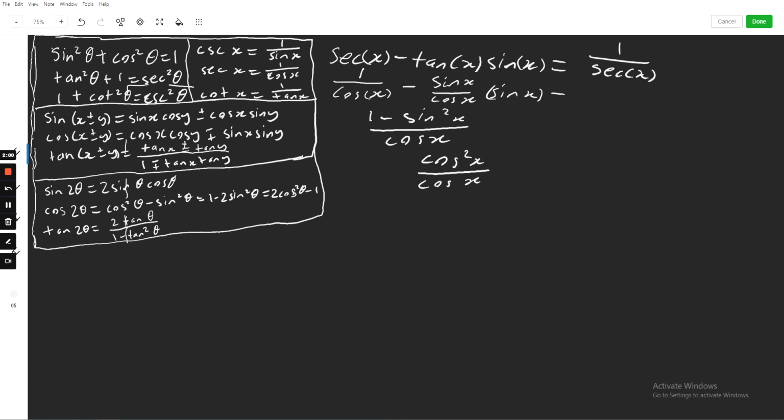This is the Pythagorean identity: sine squared theta plus cosine squared theta equals 1, or 1 minus sine squared theta equals cosine squared theta.